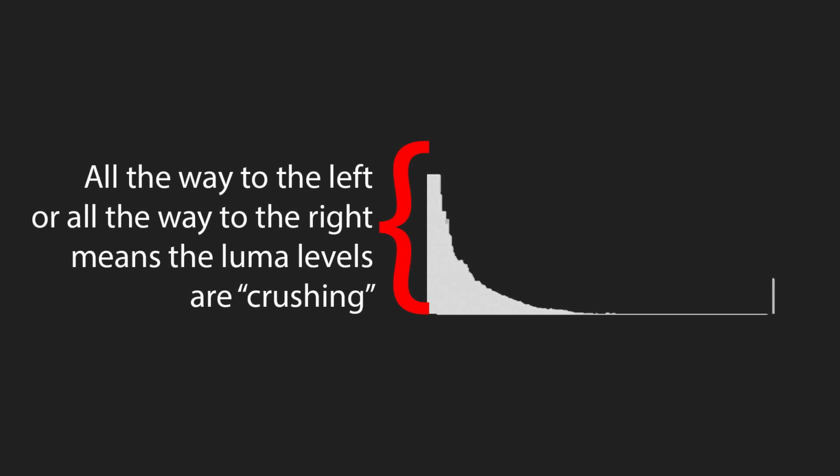Well, when you have the mountains all the way to the left and all the way up, then those pixels are completely black. The same if you have them all the way to the right and all the way up. Those pixels would be totally white or overexposed. There's no way to fix this in processing afterwards. Those pixels are gone.